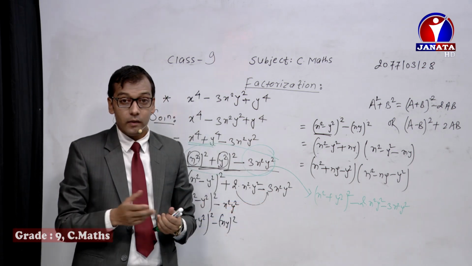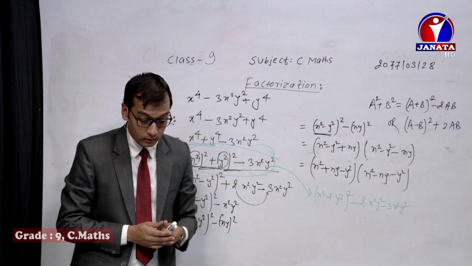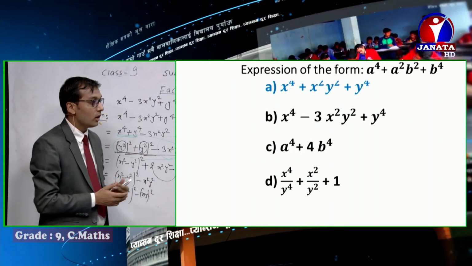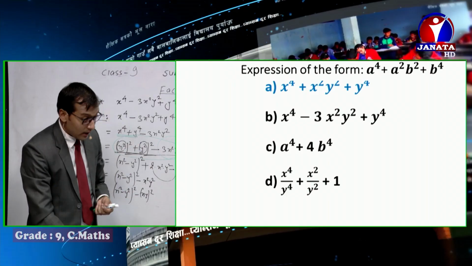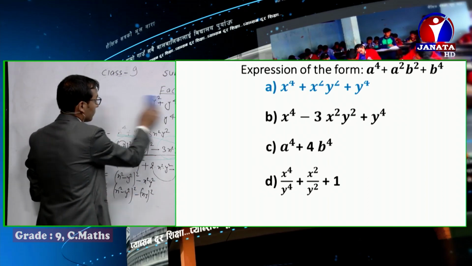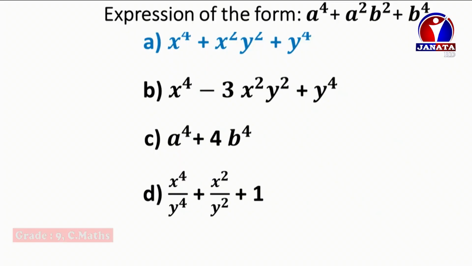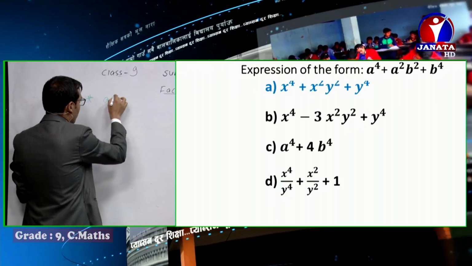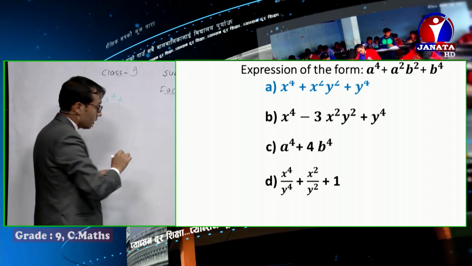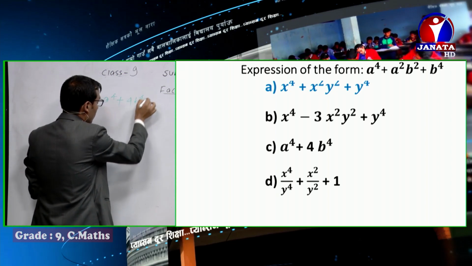So similarly, we can take other examples. We can factorize other expressions which are in a similar form. Let's take the next question. This is the fourth example: a to the power 4 plus 4 times b to the power 4.